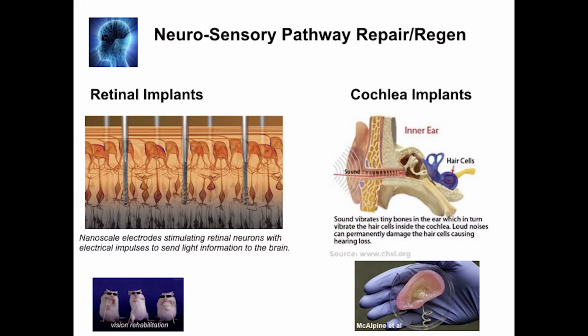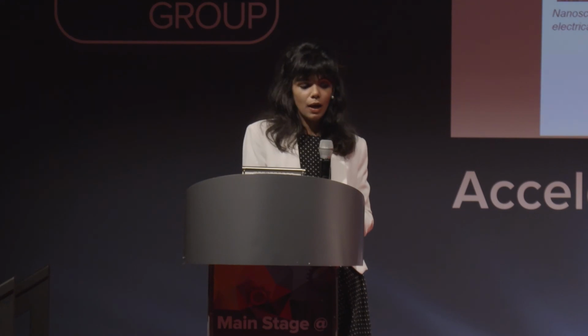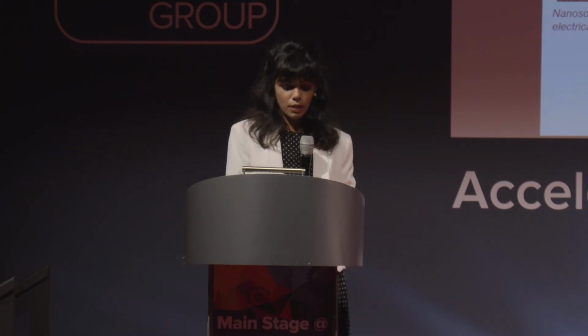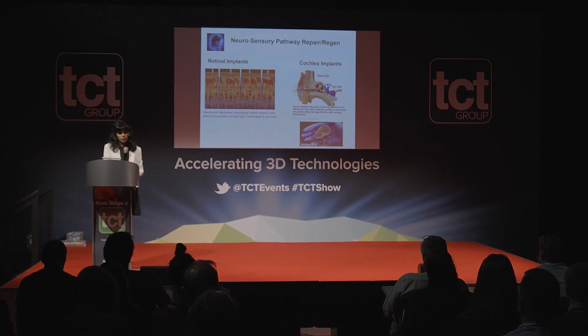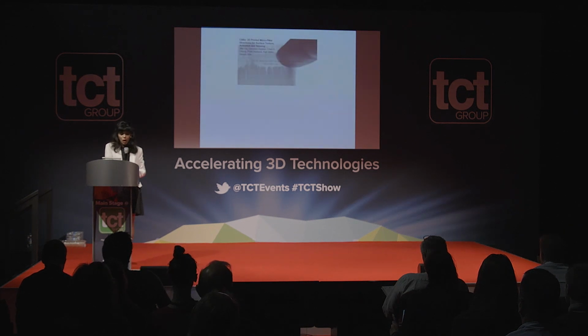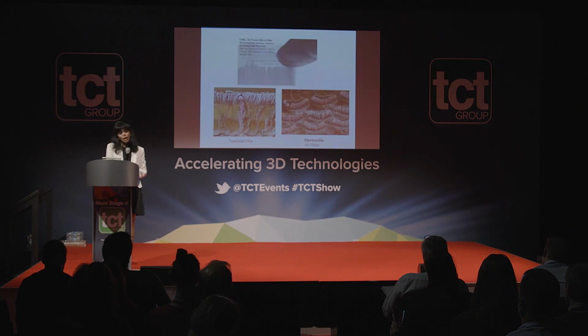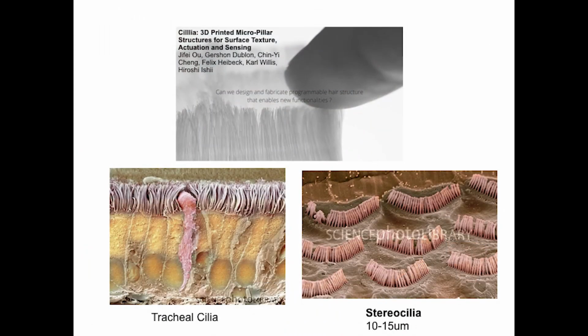These are implants that are done quite widely, and 3D printing is doing a great job. However, another example is hearing loss, where the hair cells are lost. This is how the hair cells look.